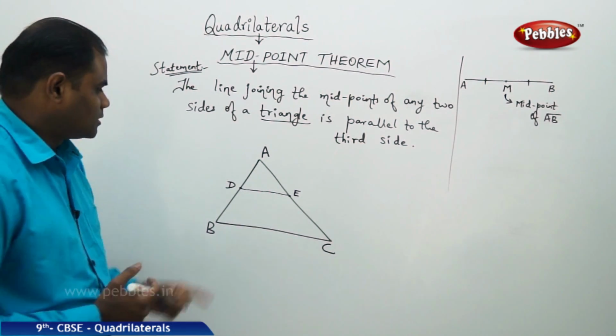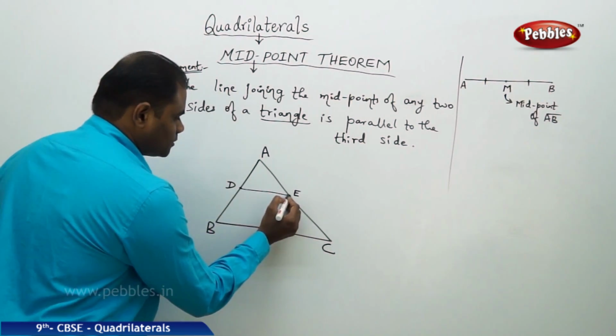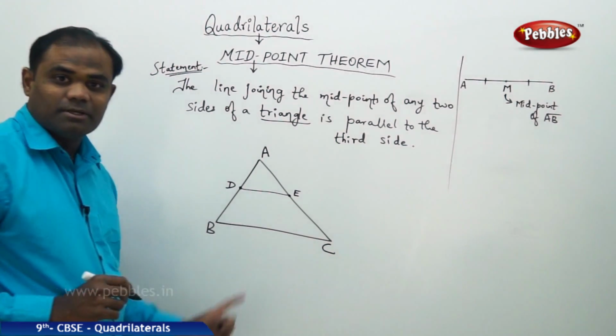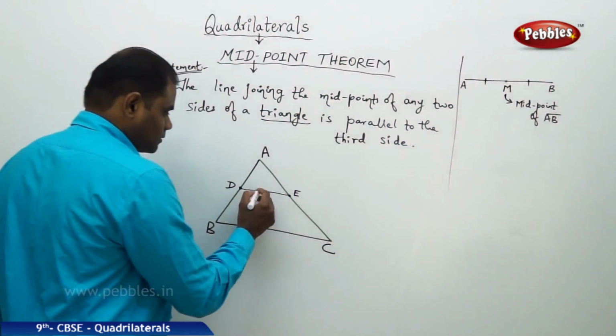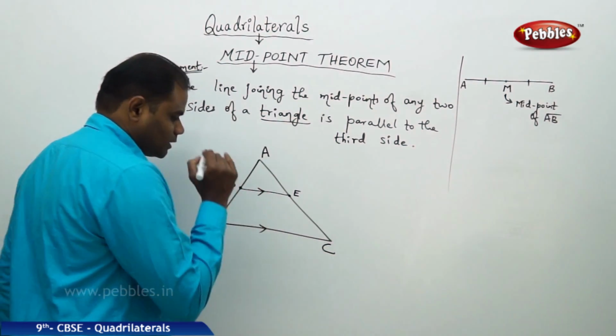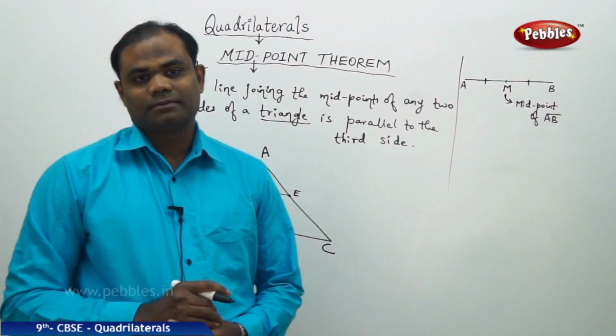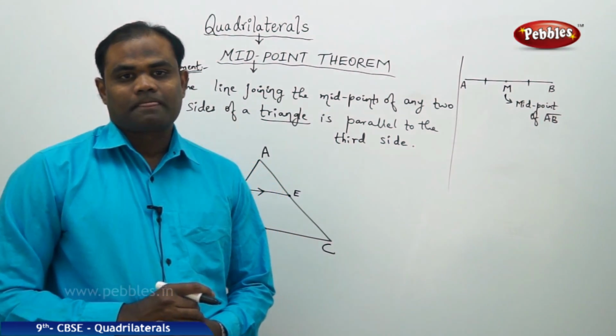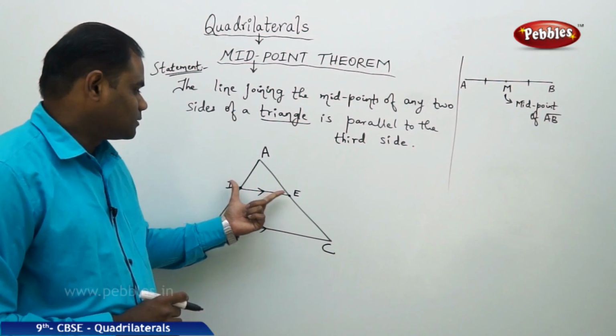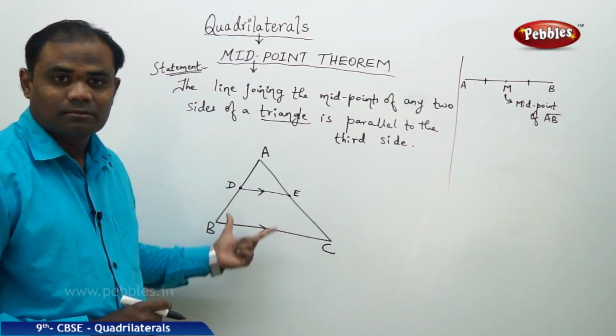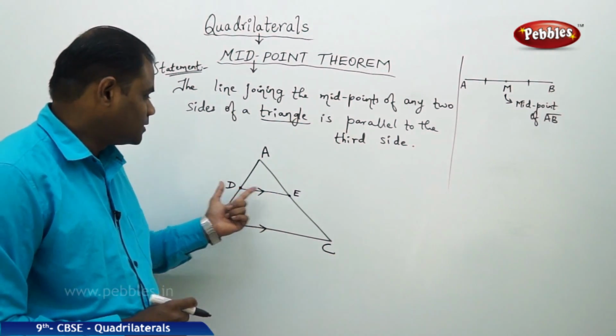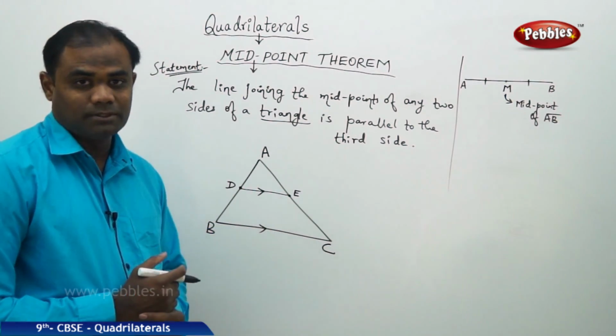Midpoint theorem says such a line connecting the two midpoints must be parallel to the third side. So here DE is parallel to BC.